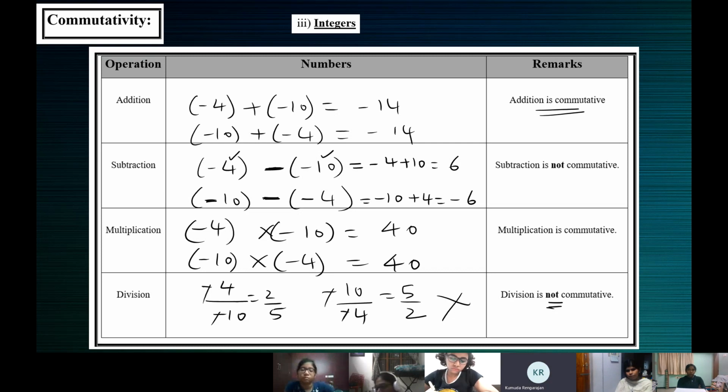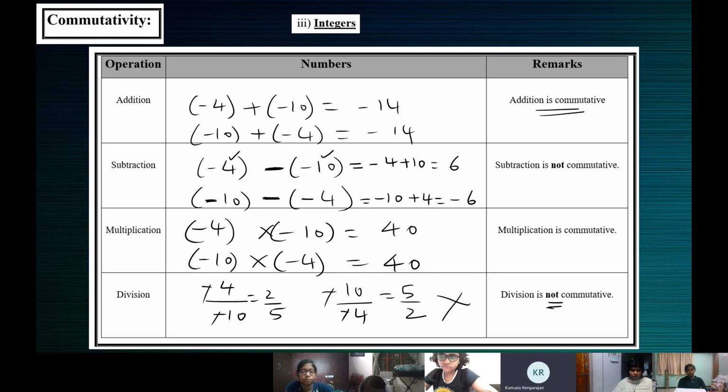You can see we have taken the integers -4 and -10. We added, we subtracted, multiplied, and divided in different orders. That is AB, BA. First AB, then we change the order BA. In addition and multiplication, we get the same answer. But in subtraction and division, we get different results.